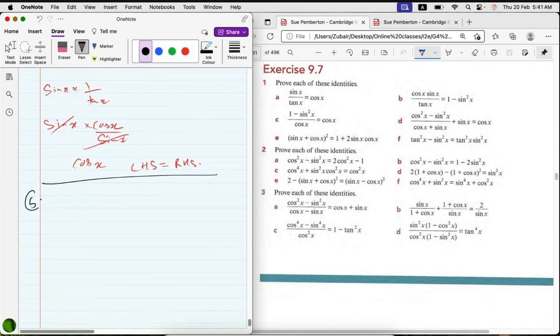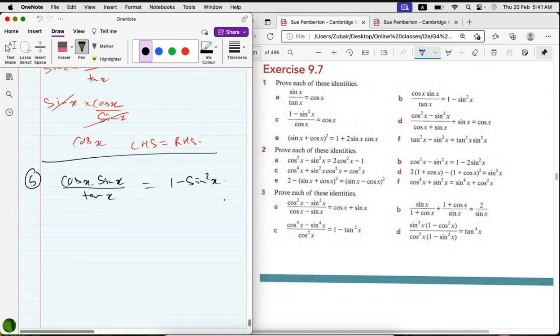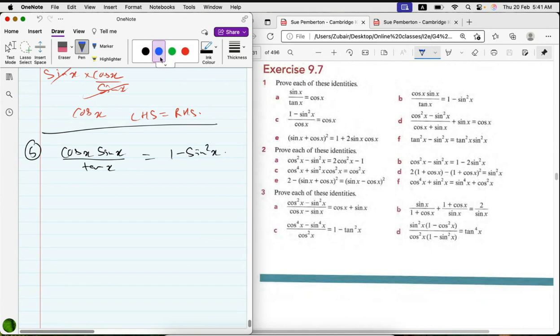Going for B part, that is cos x multiplied with sin x over tan x. We have to show that this is 1 minus sin square x. Now tan x is sin x over cos x. Cos x sin x divided by sin x over cos x.